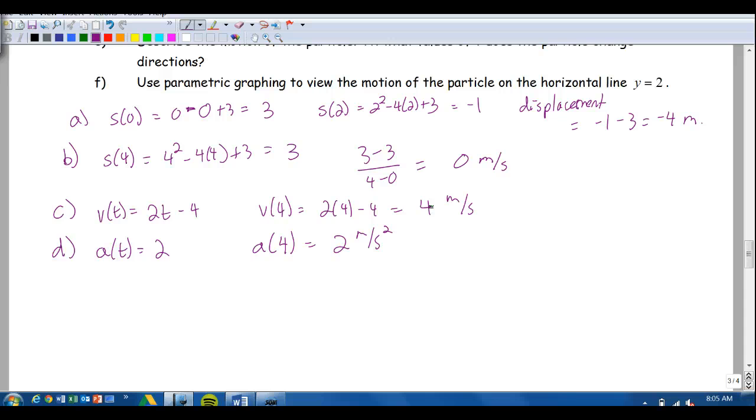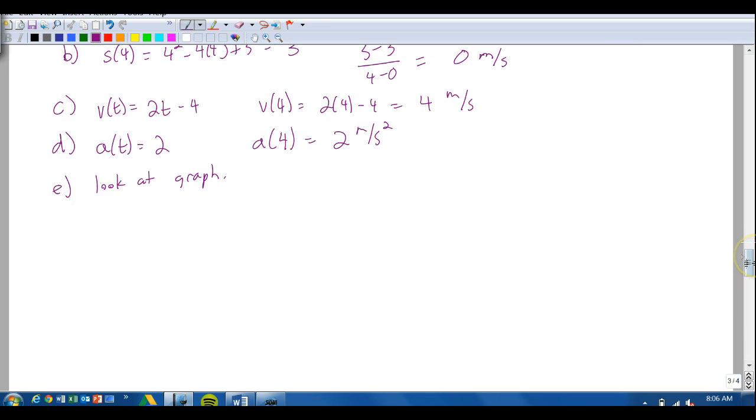describe the motion, and at what you can look at the graph for this. So you want to look at your graph, and you can look at any graph you want. Position, velocity, or acceleration. It's probably easier to look either at velocity or position. So from 0 to 2, the particle is moving backwards.